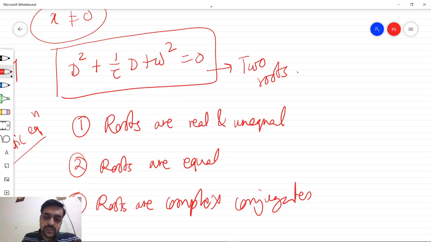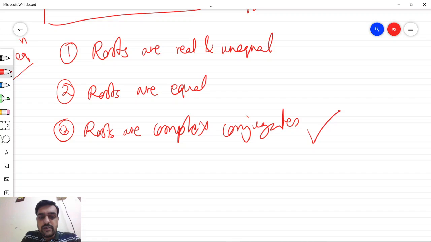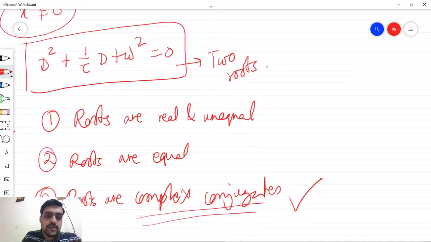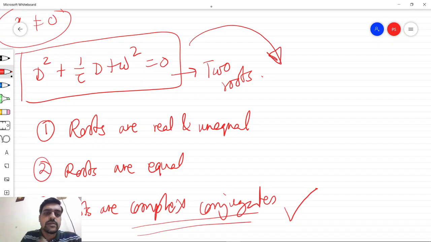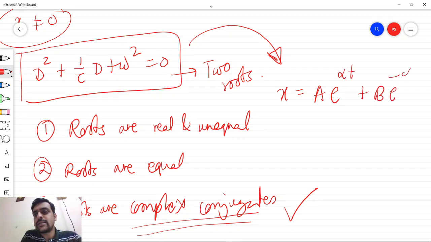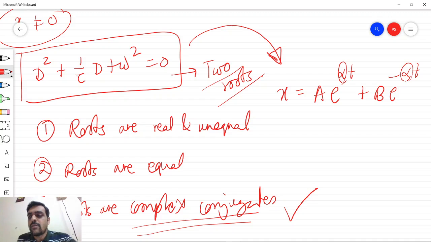So the case which is of our interest is this one, because when we talk in terms of complex numbers, the general solution to this is x equal to a e raised to alpha t plus b e raised to minus alpha t. This alpha is nothing but the roots which we are talking about.